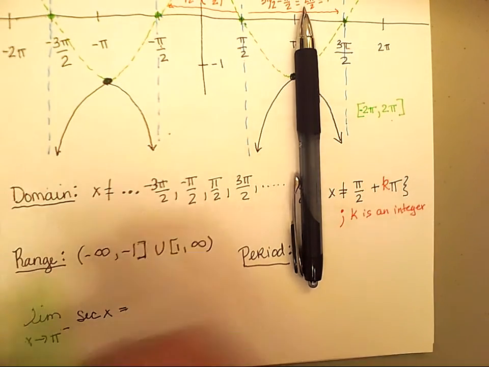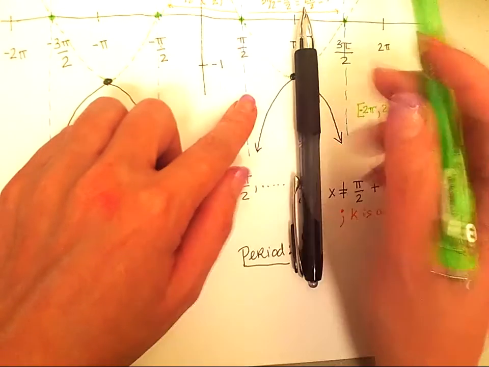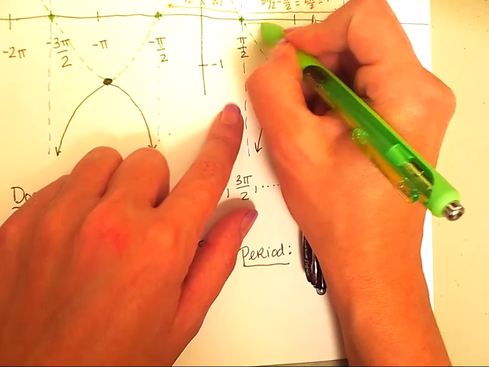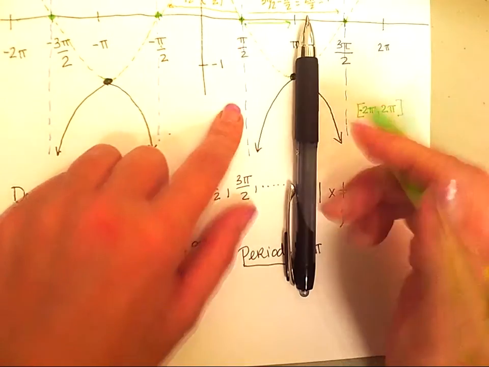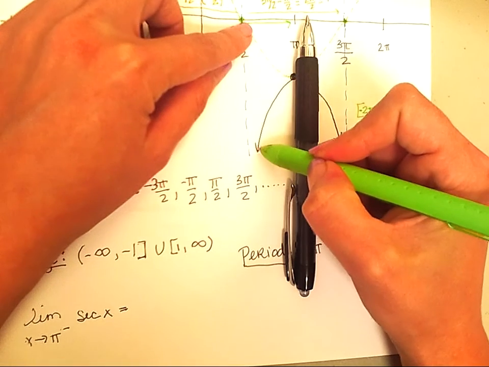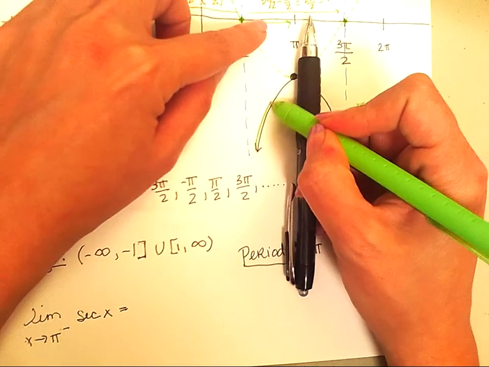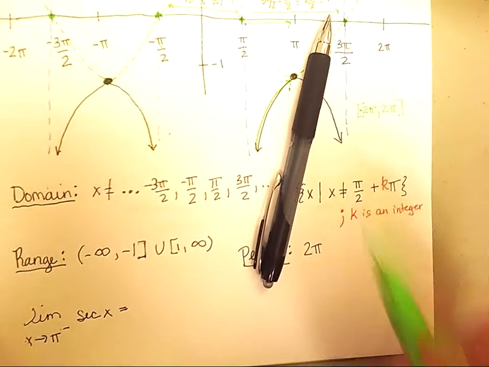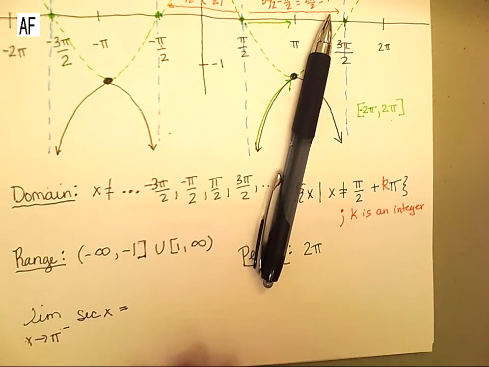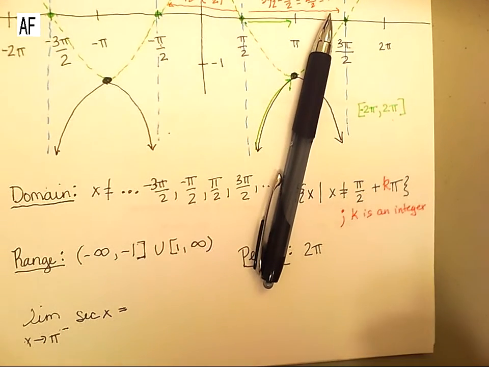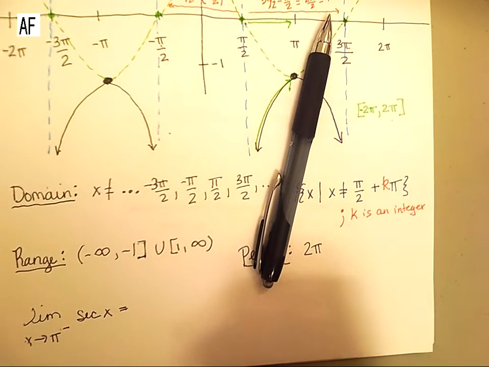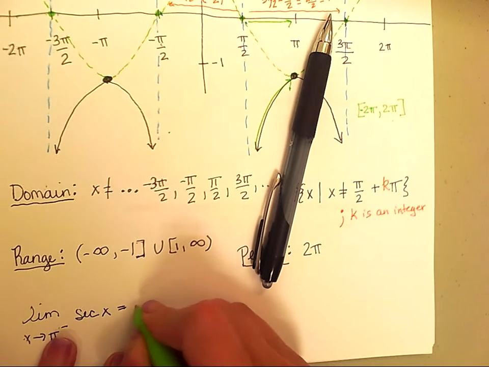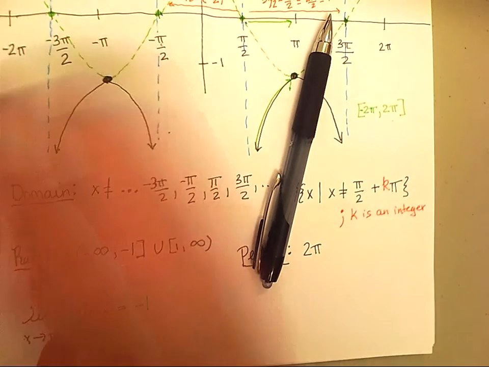As I approach from the left-hand side of pi, going this way from the asymptote in, what's happening to the function values? Well, the function values are increasing. They're negative, and they increase to -1. They'll stop there. So the limit, as x approaches pi from the left, is -1 for the secant.